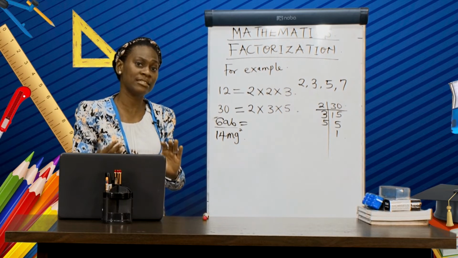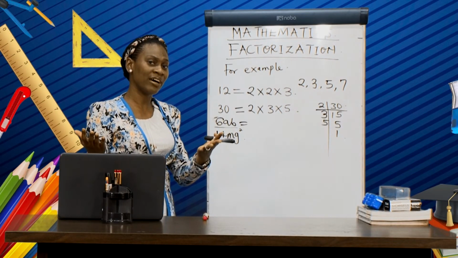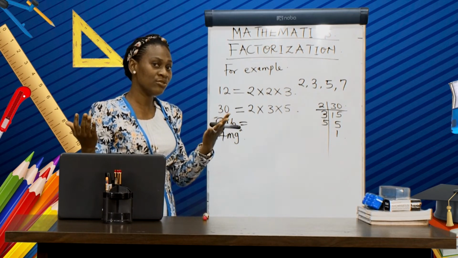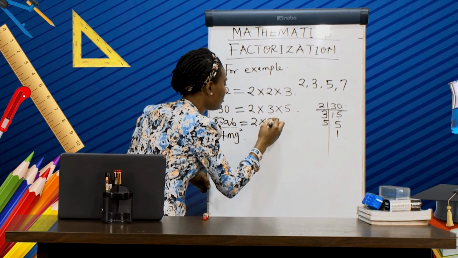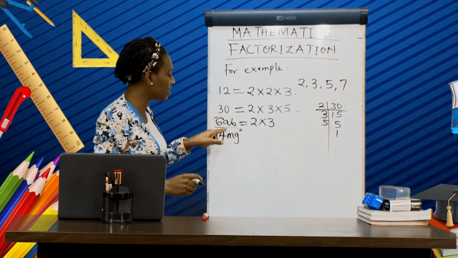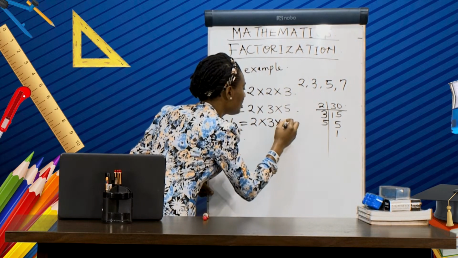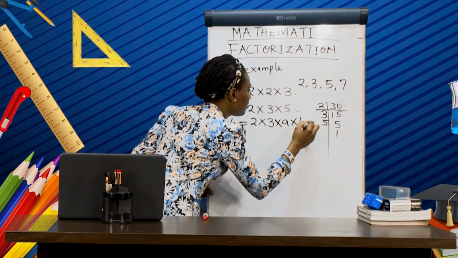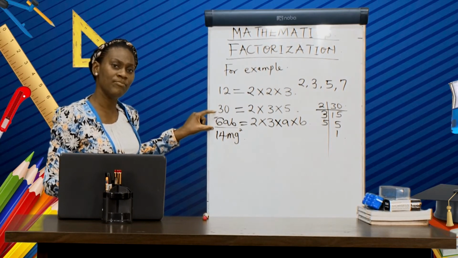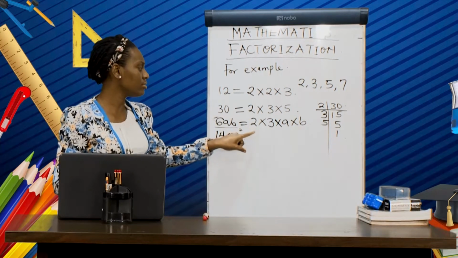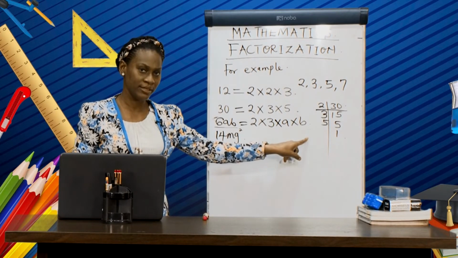What are the prime factors of 6? They're simply 2 and 3, so we have 2 times 3. Then the letters, you break them down individually, so we have times a times b. So we've succeeded in breaking down 6ab into 2 times 3 times a times b.